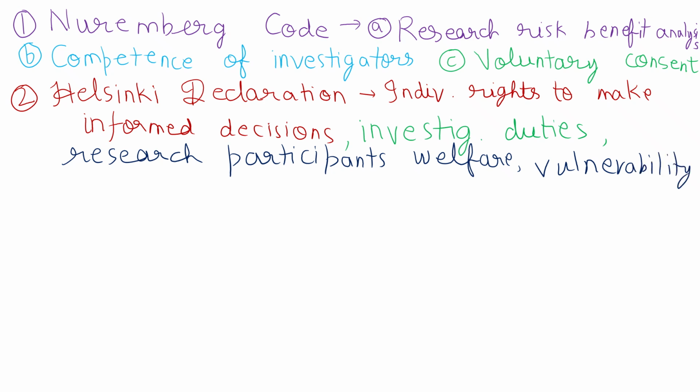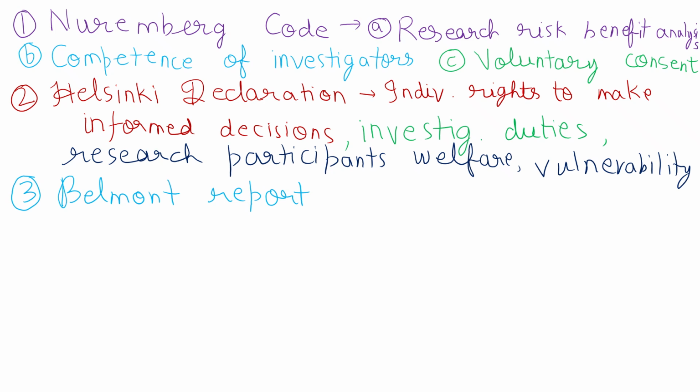After that, the third thing that came into action: first Nuremberg Code, then Helsinki Declaration, then the Belmont report was synthesized in the year 1978-1979. Nuremberg Code 1947, the year India got independence. Easy to memorize.